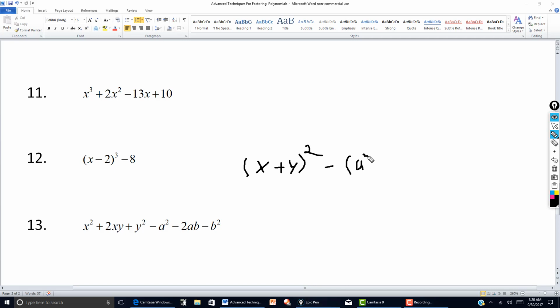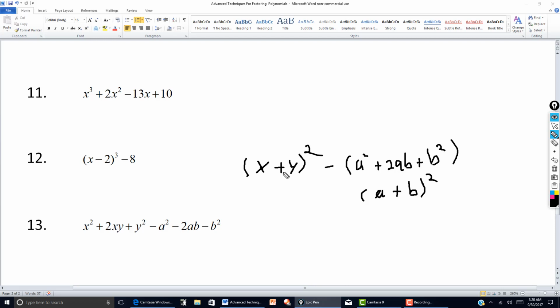That would be a squared plus 2ab plus b squared. But look at that trinomial in the parentheses, you can factor that too, and it's (a plus b)(a plus b), or (a plus b) squared.